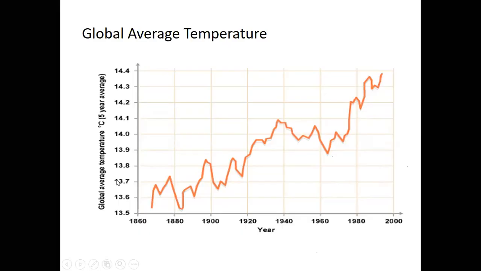This is the global average temperature. So what can you understand? With time, the average temperature is increasing from 13.5 Celsius to 14.5. And there is a zigzag pattern also.